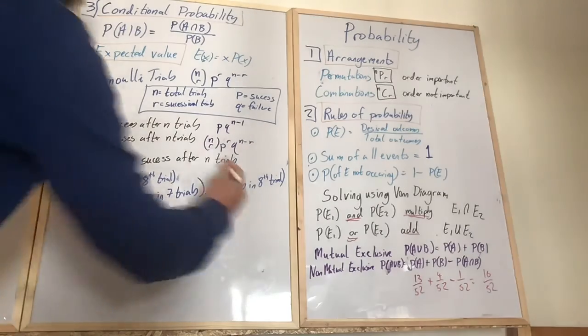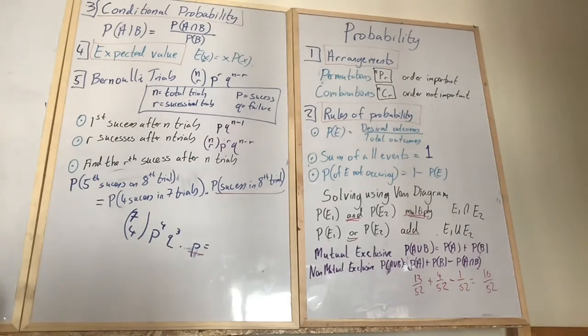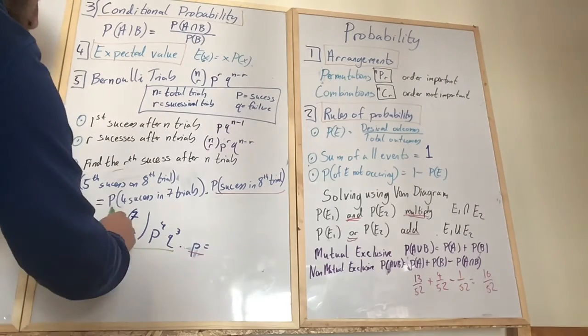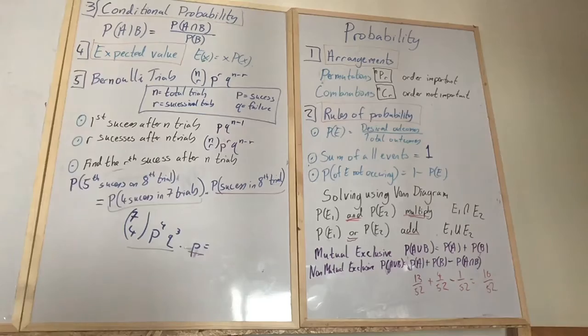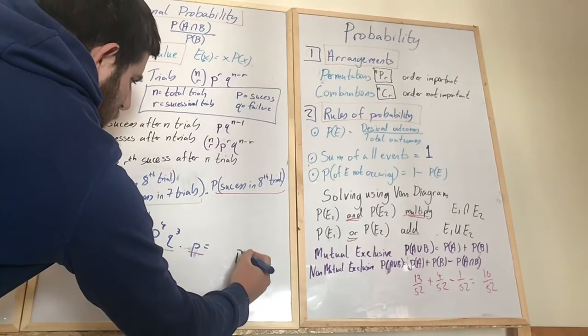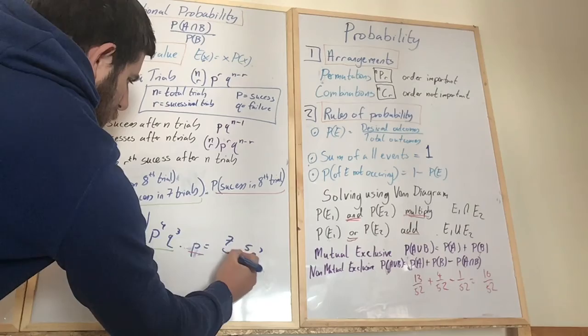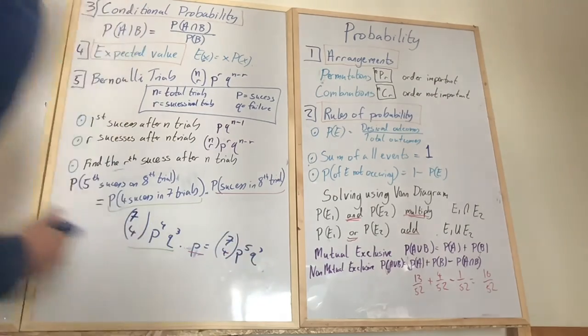Just underline that represents the p. Then you use your laws of indices: p to the power of 4 multiplied by p becomes p to the power of 5, by q to the power of 3, then 7 choose 4 to get your solution.